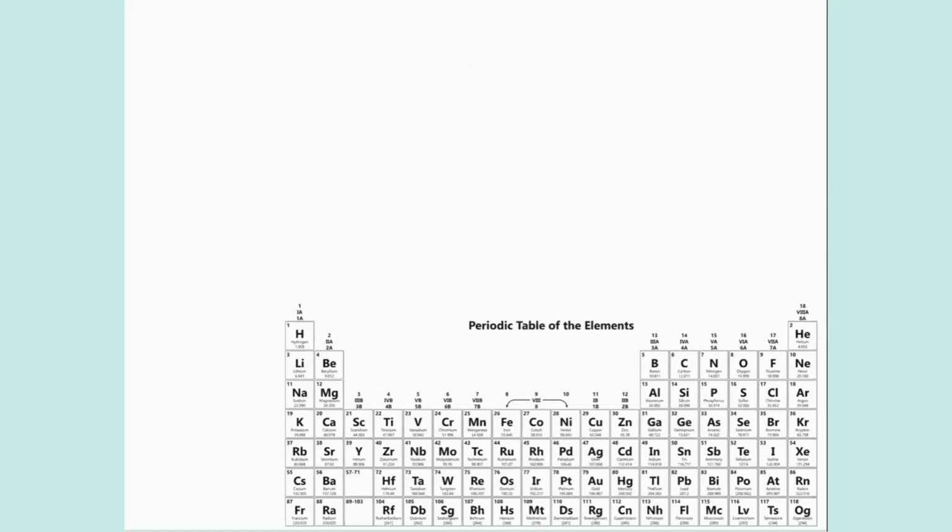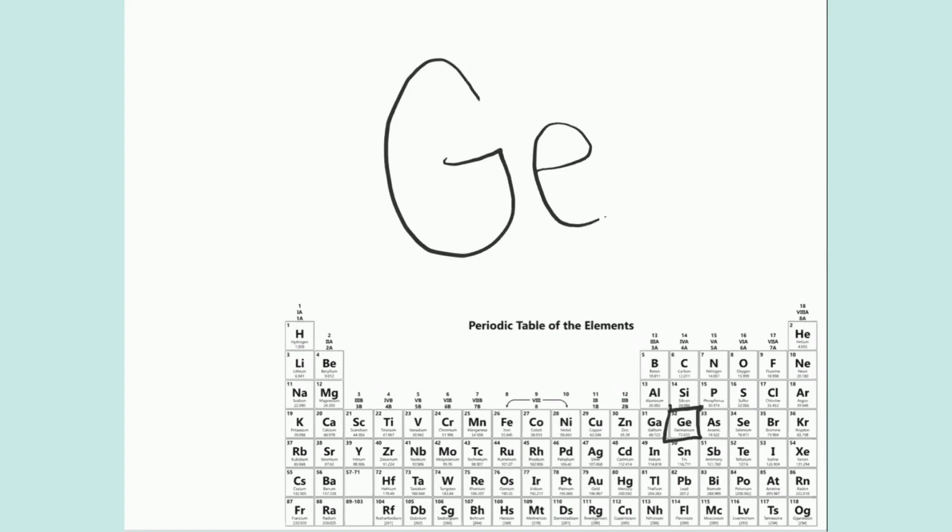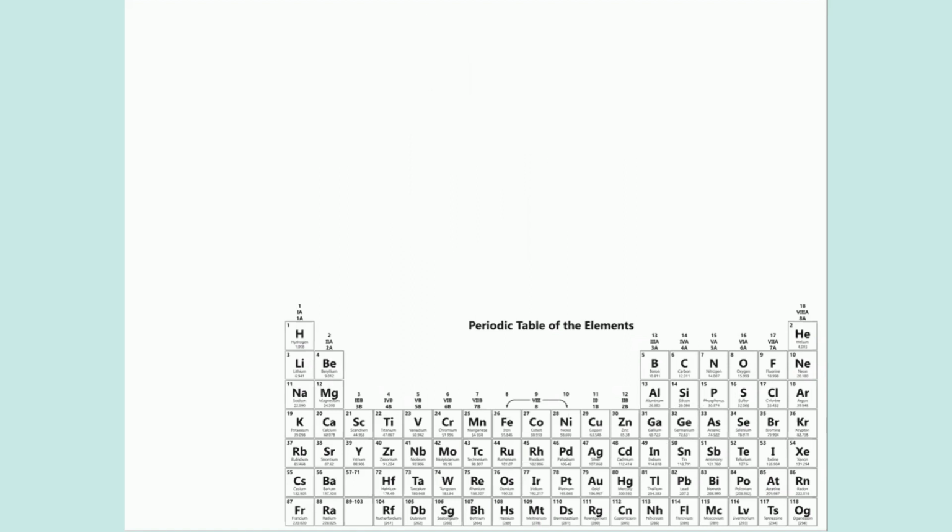Go ahead and this time, let's do germanium. Go ahead and pause the video if you need to. Germanium is in group 14, so it has 4 valence electrons. 1, 2, 3, 4. Okay, and let's do 2 more. Let's go with hydrogen this time.